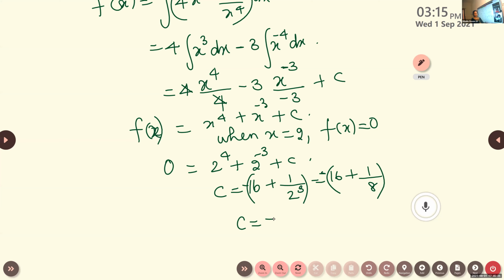What is the value of c? After finding the value of c, substitute that.